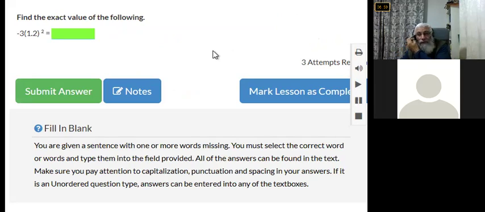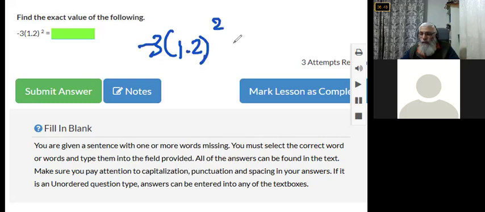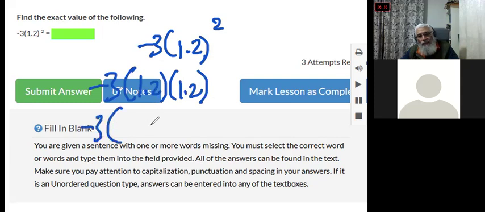Find the exact value of -3 times 1.2 to the power of 2. So you do 1.2 squared first. 1.2 squared is equal to what number? 1.2 multiplied by 1.2. Like multiplying 12 times 12.